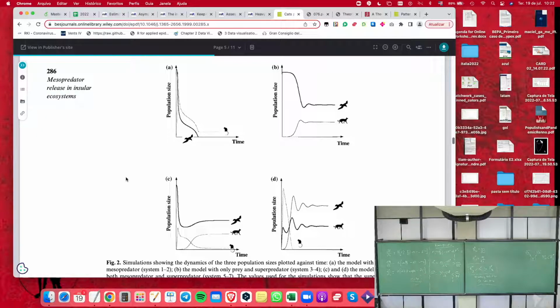Then you can have the coexistence of cats and birds, right? Maybe the cat does not prefer the birds, maybe it's something else. And then here you have the coexistence of 3. And here you have the 3, but the mesopredator can be eliminated, and then you have again the same equilibrium as before.